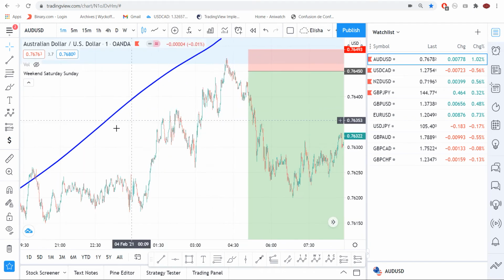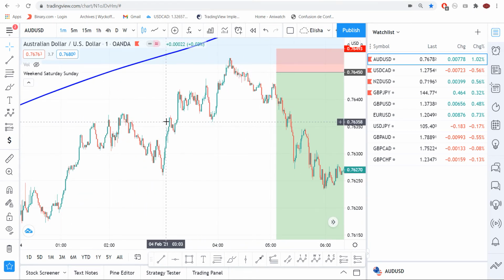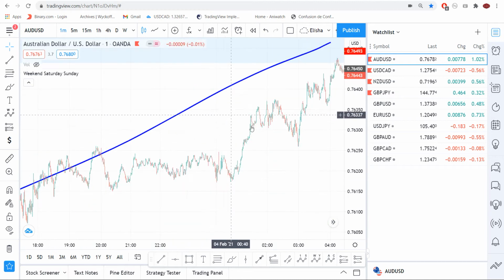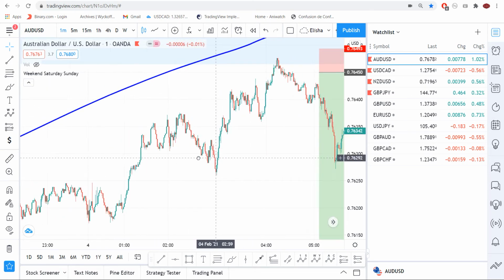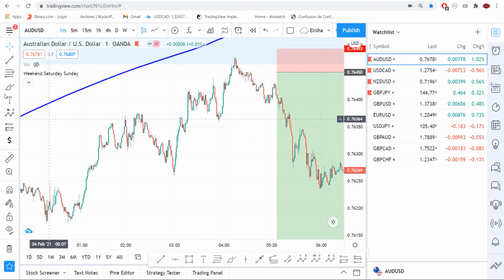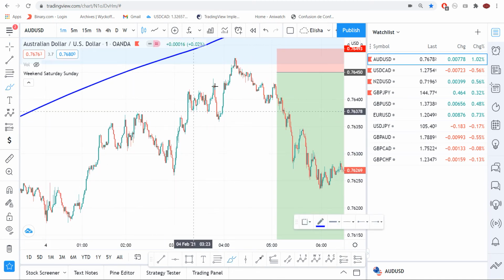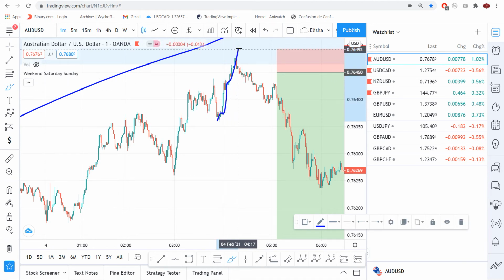Okay, so as mentioned earlier, we had our wave count, and another thing we can also identify is the very last minor wave that got to the order block zone is also an impulse, right?